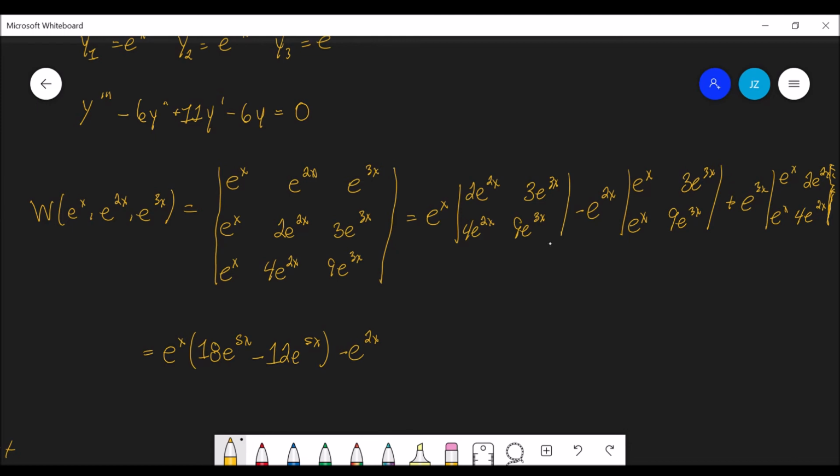Minus e to the 2x times, now take the determinant of the second matrix, so we get 9e to the 4x minus 3e to the 4x, plus e to the 3x times the determinant of this final matrix, so we get 4e to the 3x minus 2e to the 3x.